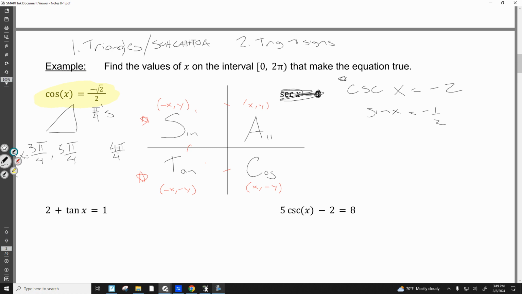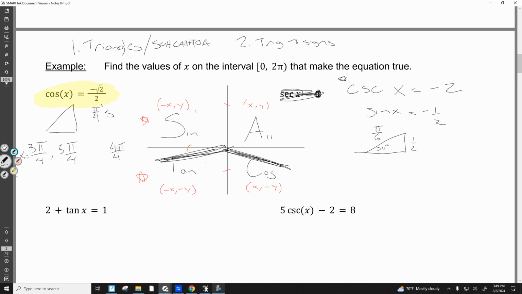Now, sometimes what I like to do is not even pay attention to the negative until the end. So I'm going to start with my triangle where the opposite is a half. That is my short 30, 60, 90 triangle. And then I know that that occurs at the pi over 6s. I want the pi over 6s when sine is negative. So I'm going to this pi over 6 and this pi over 6.